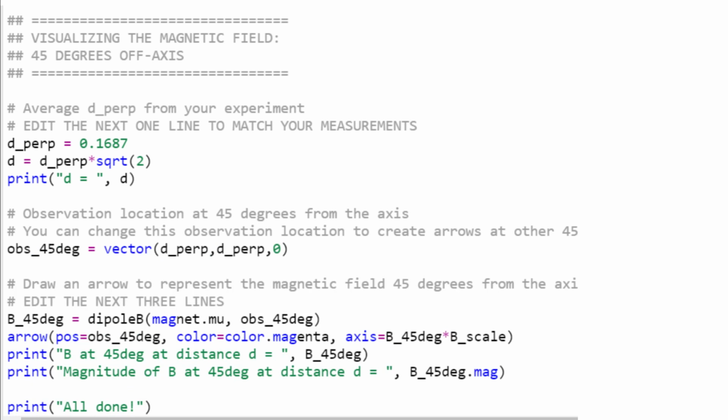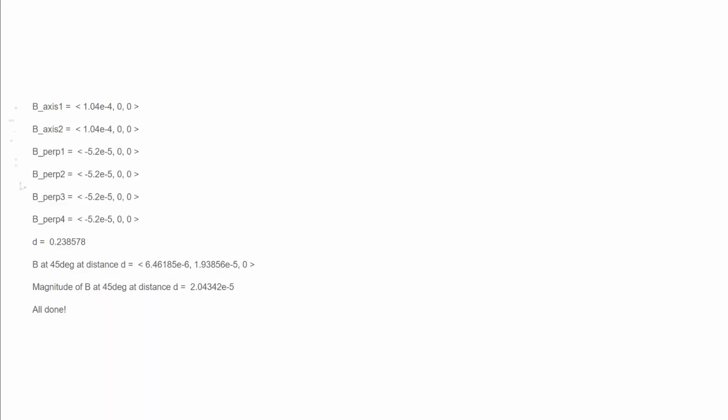Here, we get the d-perp from our experiment, and we're finding the visualization at 45 degrees from the axis. The purple arrow here is small, but yeah. And then our result is here.